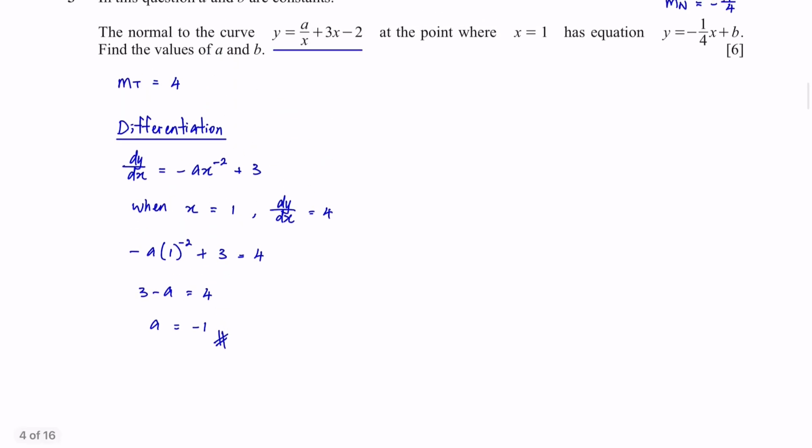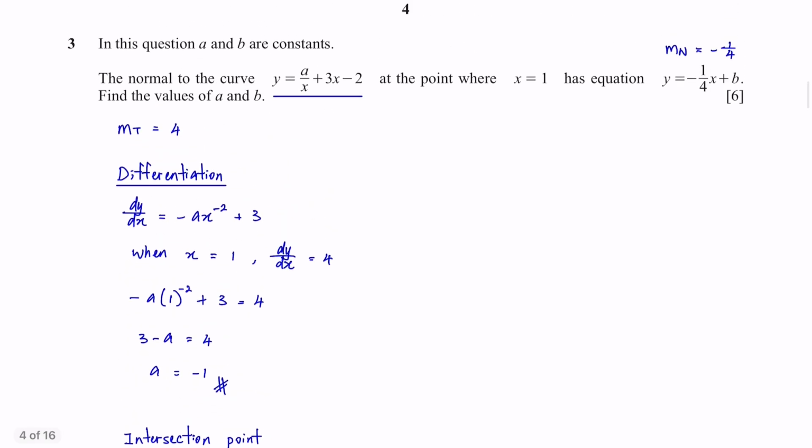And now we need to find the value of b. So we know that the curve and the normal would be intersecting at the point x equals 1, right? So we can just find the intersection point. So we know that they intersect.